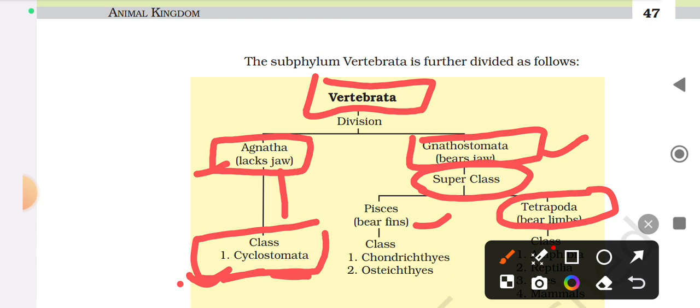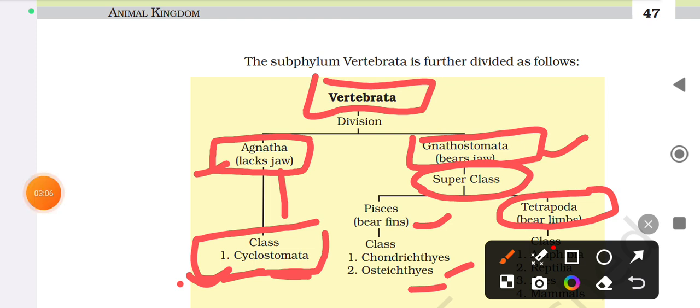Pisces have the two classes. Very important to learn it. Chondrichthyes and Osteichthyes. Chondrichthyes, that means cartilaginous fish, and Osteichthyes, that means bony fishes which have bones.